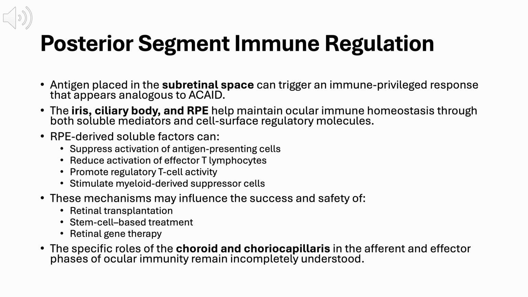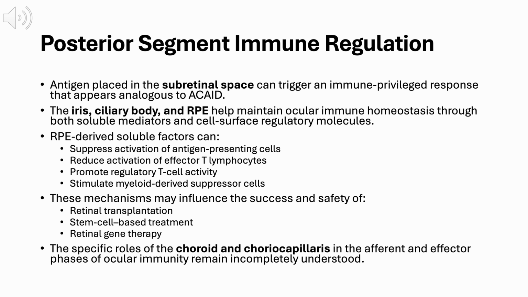Let's pull the posterior segment together as a regulated, privileged system, and note that privilege isn't confined to the anterior chamber. Antigen placed in the subretinal space can trigger an immune-privileged response that looks analogous to ACAID, giving the back of the eye its own deviation mechanism.